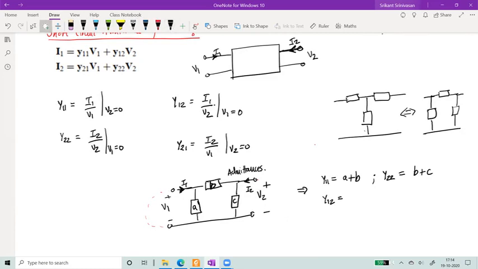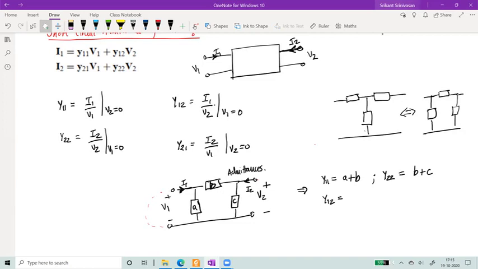By that convention, if I have V2 voltage applied here, which is causing I2 current to flow in, then you know that I2 is going into this branch, not this branch, sorry, because we have short circuited the output. So I2 is going across this and it's going across this. And I1 is just the negative of I2, which is going across the B element. So what is going to be the value of I1 over V2?